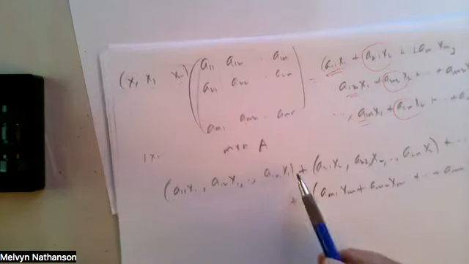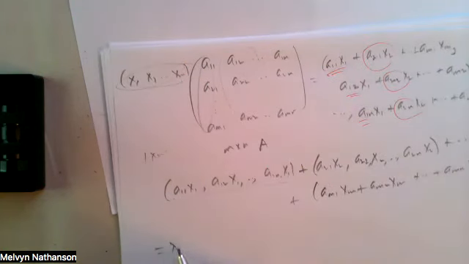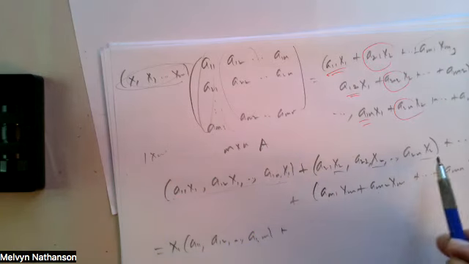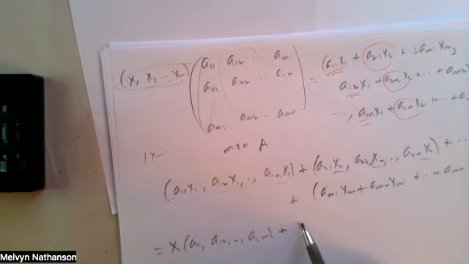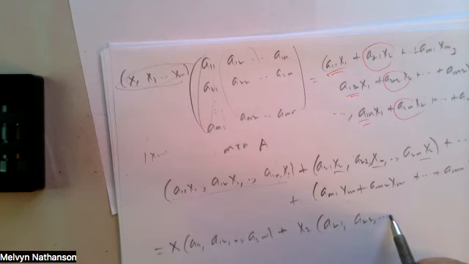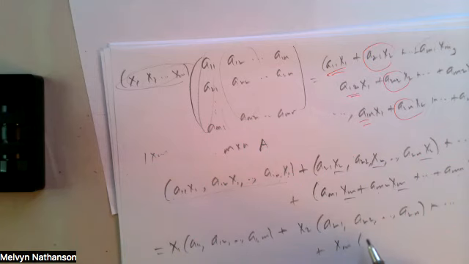And from each of these vectors, like from this first vector, I have an x1 in every coordinate. I can pull that out. This is x1 times A11, A12, up to A1n. Here I have an x2 in every coordinate. I can factor that out, x2 times A21, A22, up to A2n. And from the last vector, I can factor out xm times AM1, AM2, AMN.